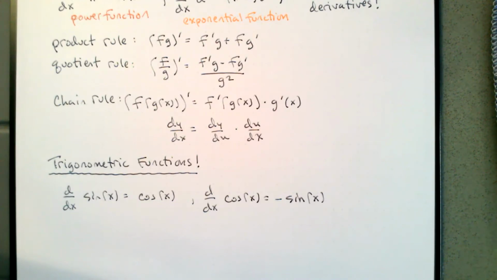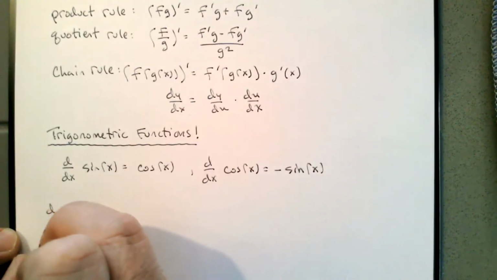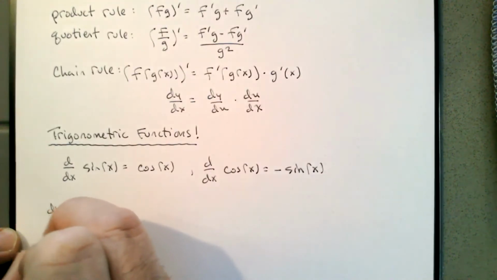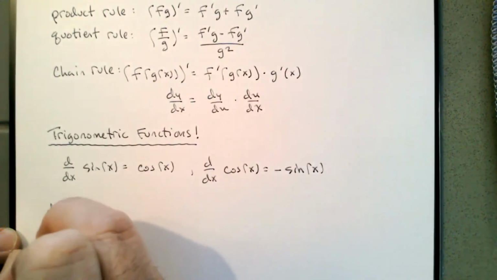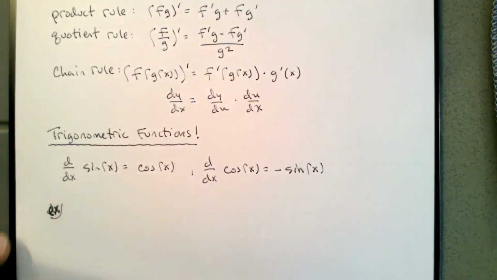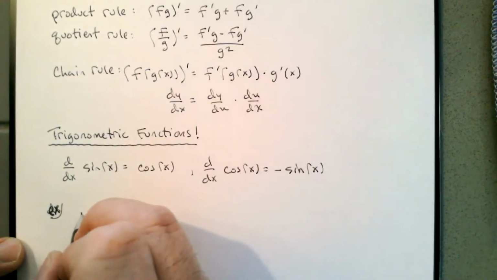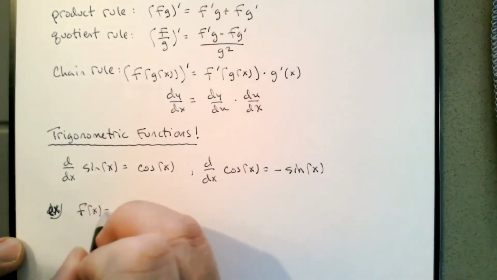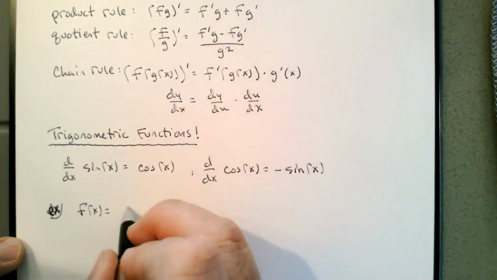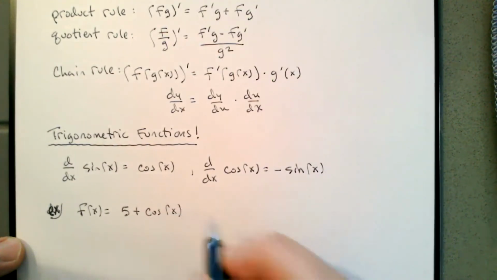So let's start some death by examples. Oops, I wanted to write example. Fixed. So let's say we want to find the derivative of f of x is 5 plus cosine x.